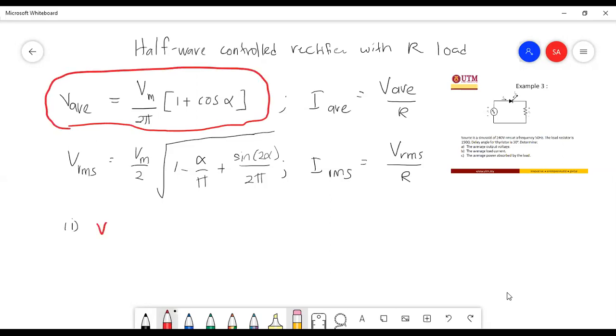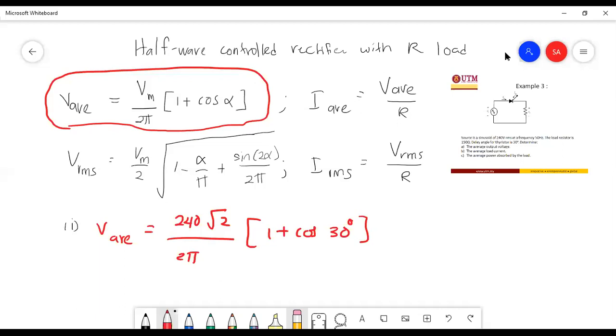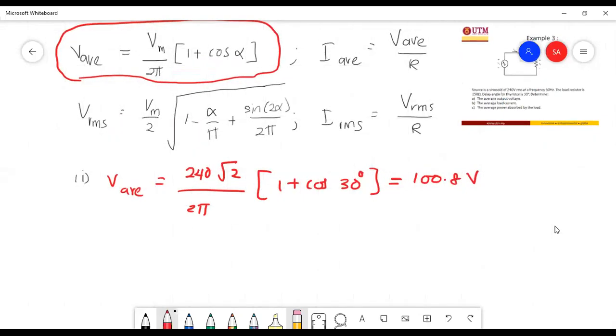Your V average is 240 volt multiplied by square root 2 over 2 pi, times 1 plus cos 30 degrees. By using a calculator, you can obtain 100.8 volts. So this is for A.